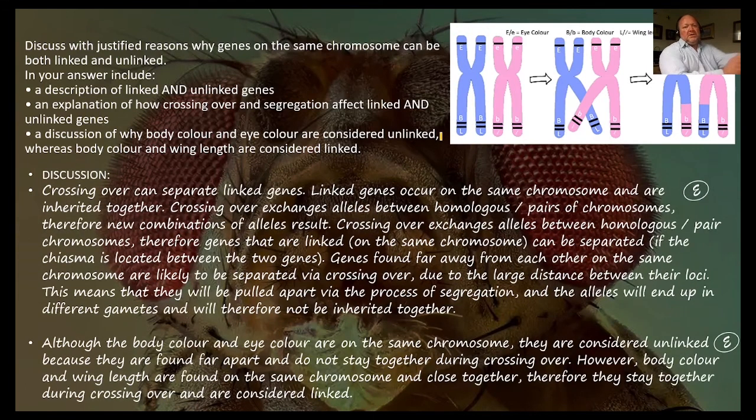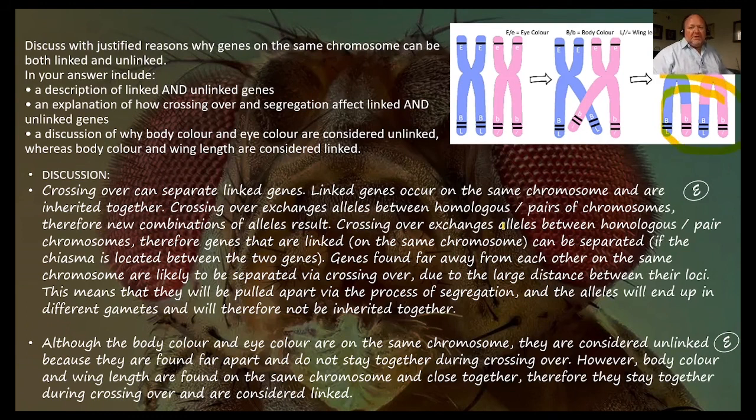Now for your excellence level, we had to do this discussion. So crossing over can separate linked genes. Linked genes occur on the same chromosome and are inherited together. Crossing over exchanges alleles between homologous pairs of chromosomes. Therefore, new combinations of alleles result.